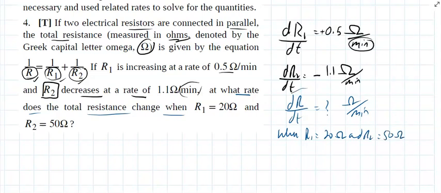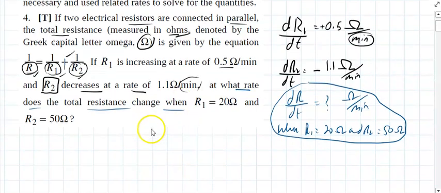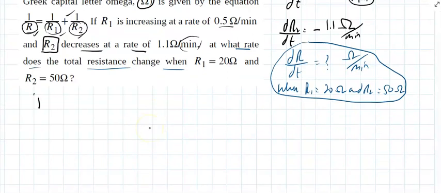So they're checking the change of the total resistance when R1 is 20 ohms and R2 is 50 ohms. Initially, the equation is right there. They gave us the equation. And if you really think about it, if I bring it up, otherwise I have to use the quotient rule on those three times.